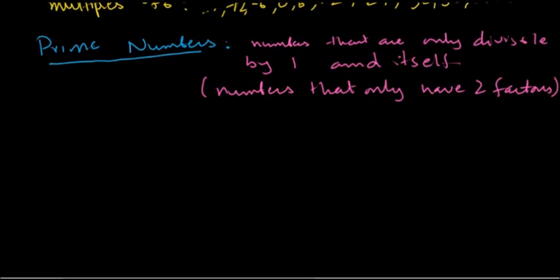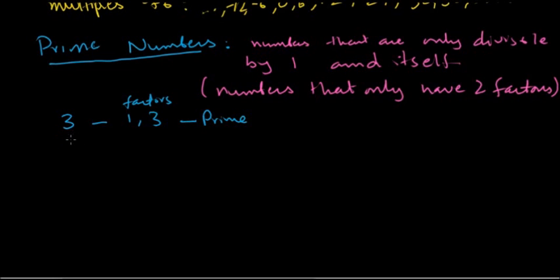Okay. So let's look at an example. Let's say I pick 3. The factors of 3 are only 1 and 3, because these are the only things that will divide 3 completely, right? So this is actually a prime number.